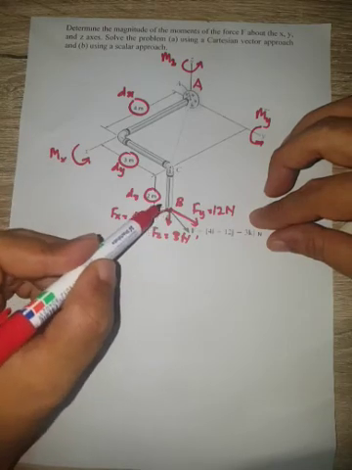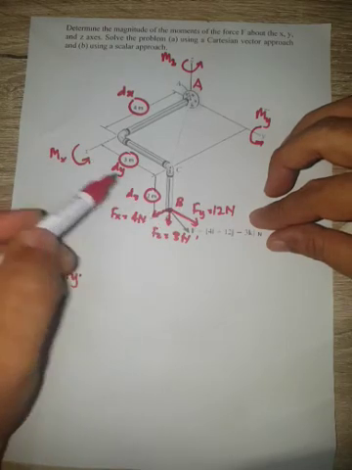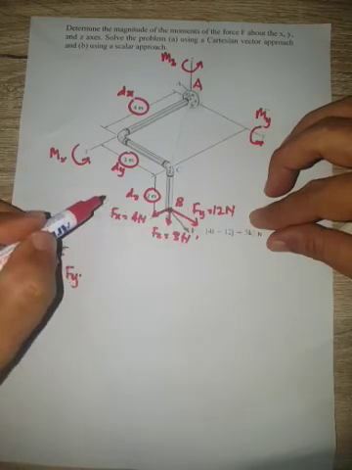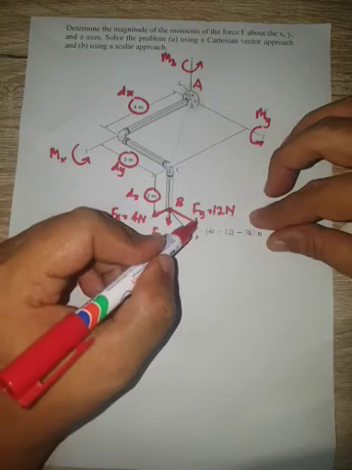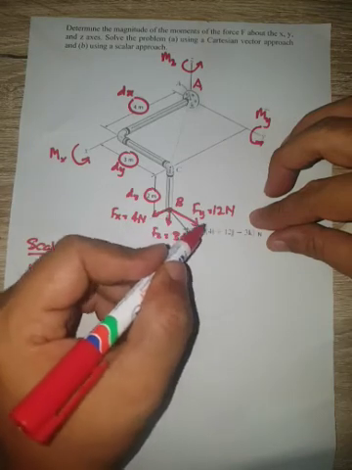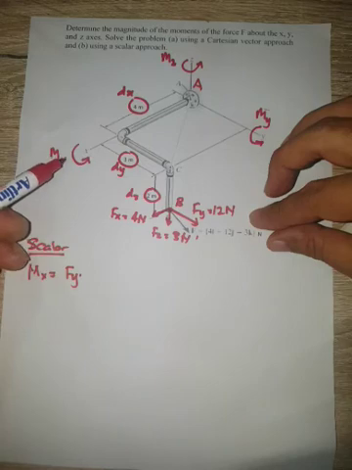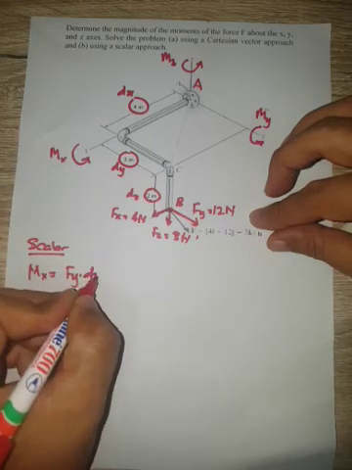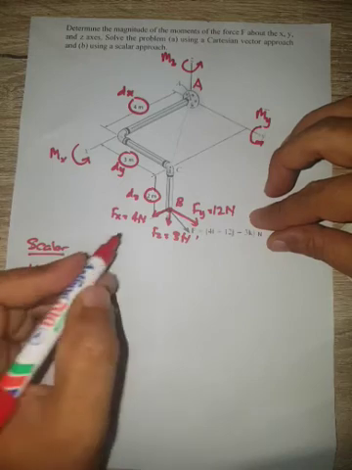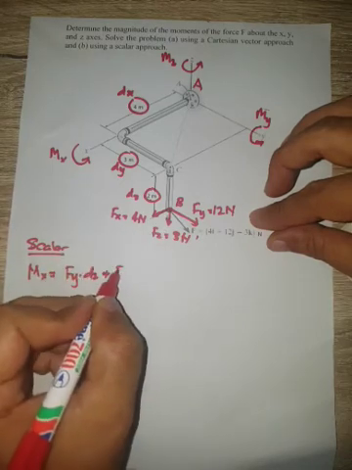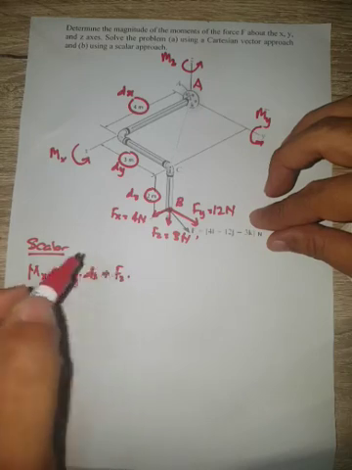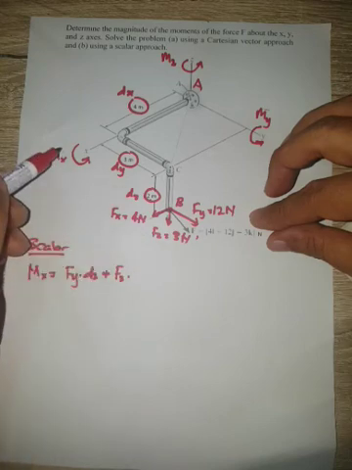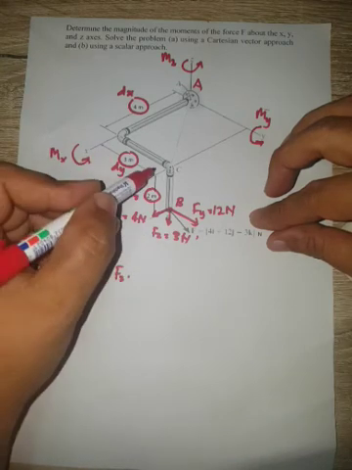So we need to multiply Fy with the perpendicular distance between the line of Fy and the x-axis. The perpendicular distance is this dz. Then we add Fz times the perpendicular distance between the line of action of Fz and the x-axis, which is this distance dy.